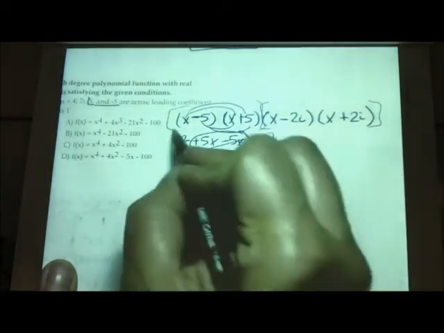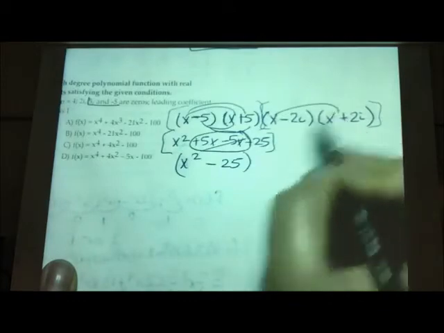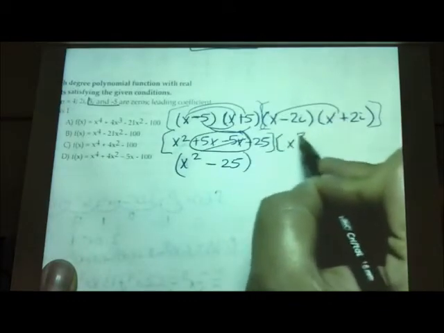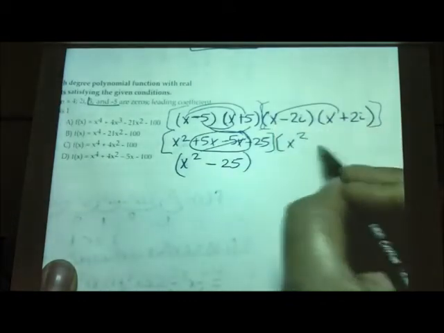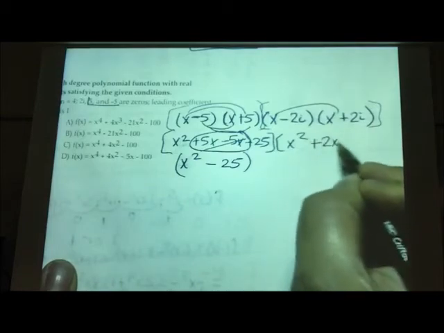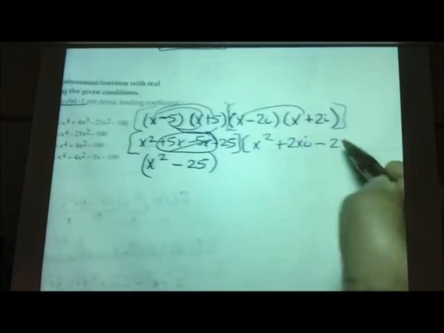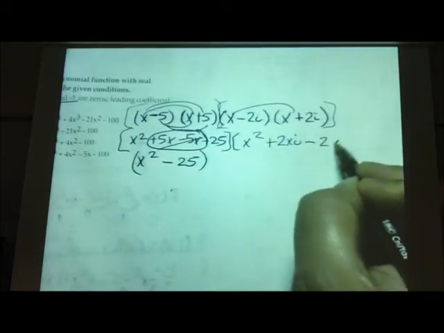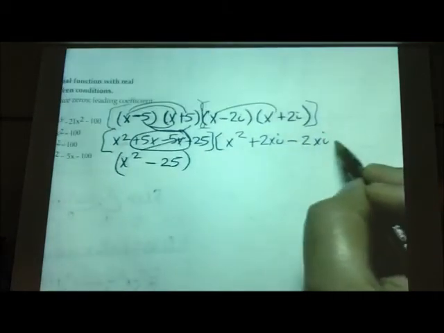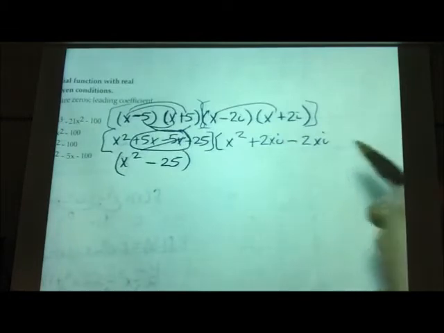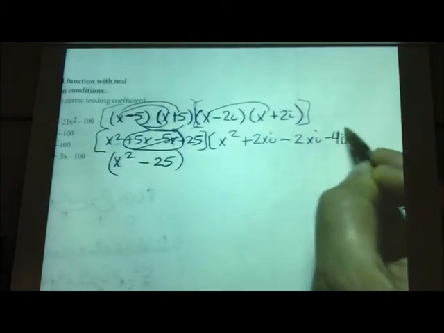On the other side, we have x times x, which is x squared, x times a positive 2i, and a negative x times 2i, and then negative 2i and a positive 2i becomes negative 4i squared.